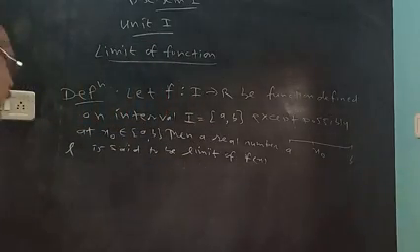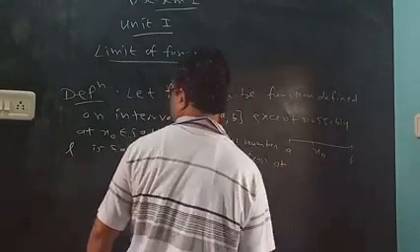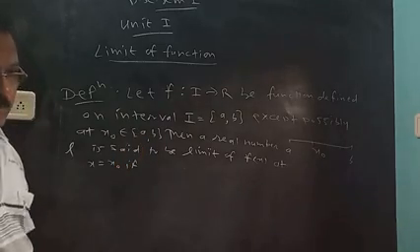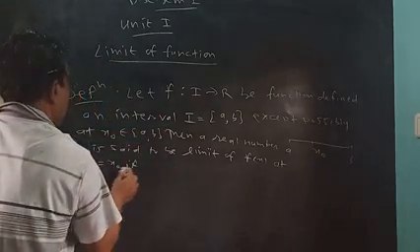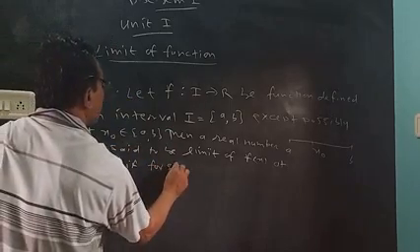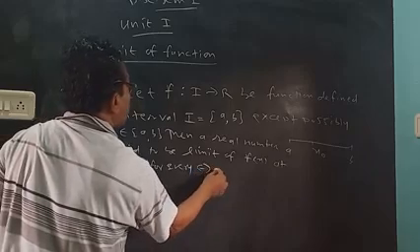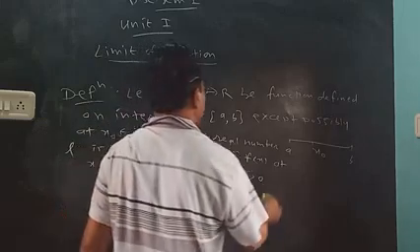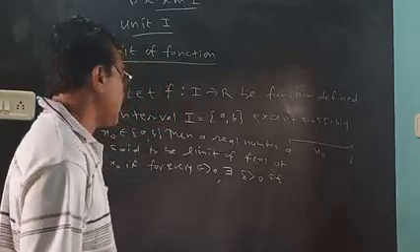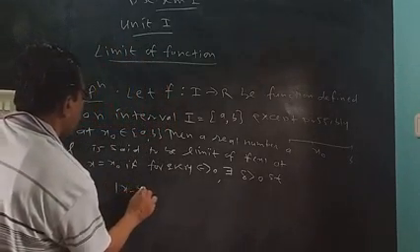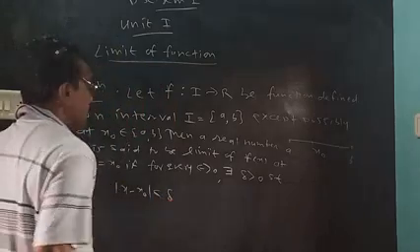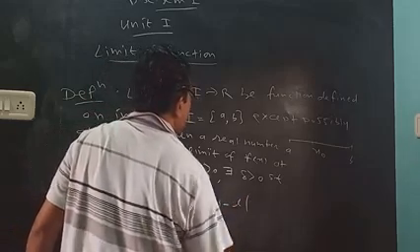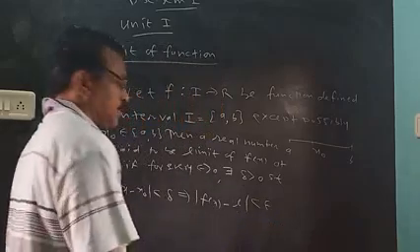L is said to be the limit of the function f of x at this point, x equal to x0, if, by definition, for every epsilon greater than 0 there exists delta greater than 0 such that mod of x minus x0 is less than delta, then we have mod of f of x minus L must be less than epsilon.